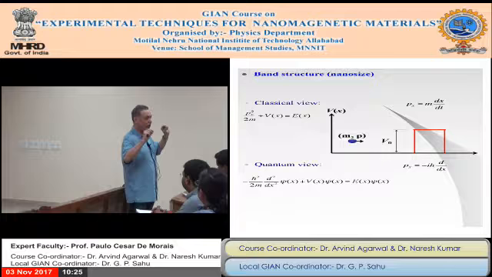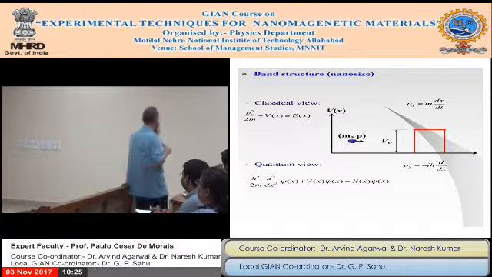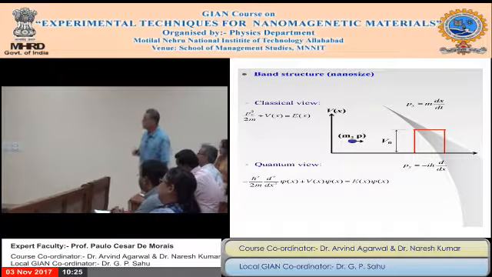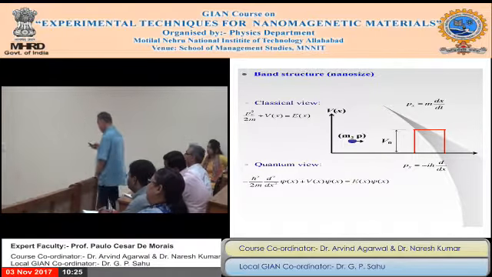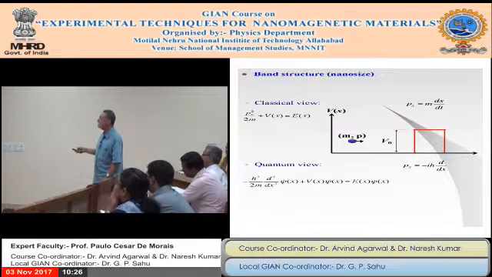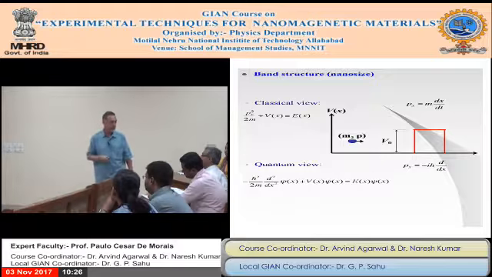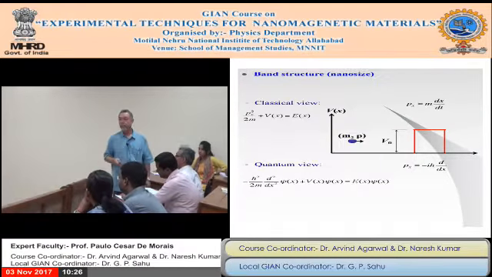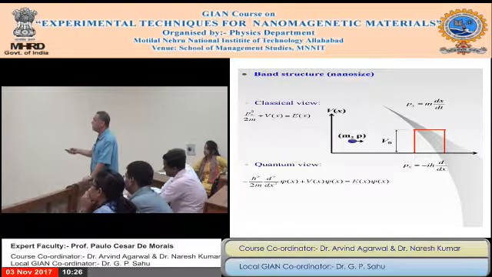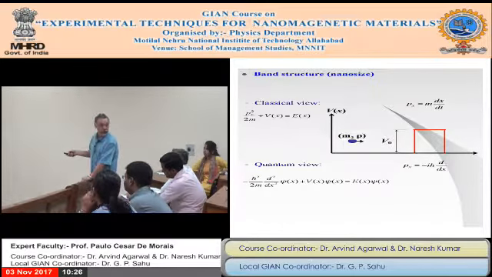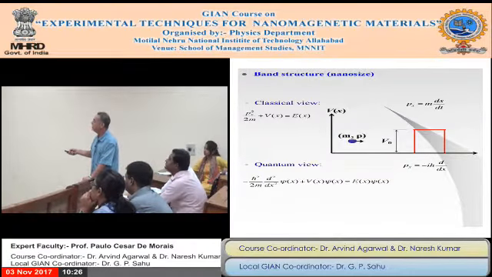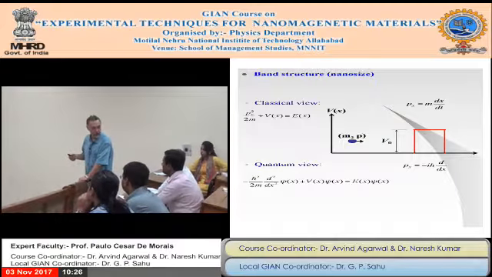Okay? Before I get to this point, let me remind you of some very simple, basic quantum physics. Let's say you have a particle with linear momentum p and mass m. You see this axis is potential energy. If this particle has a linear momentum, it means it has some velocity.